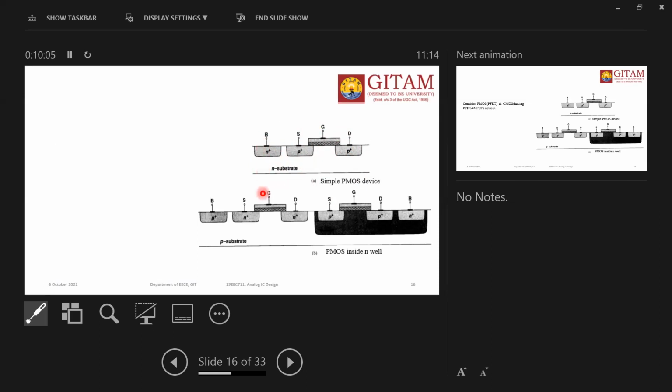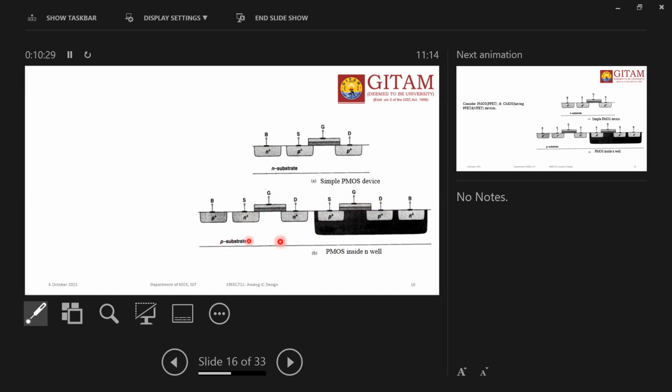If you take the second picture, this is the CMOS circuit. There are two MOS transistors, NFET and PFET, both sitting together. This is the P-type substrate, so the NFET is here, and this is the N-well, and the PFET is here.